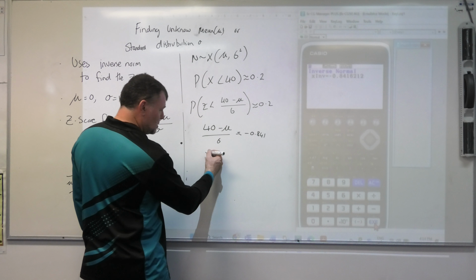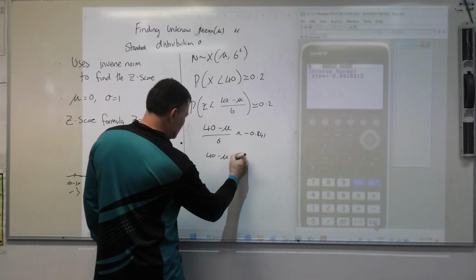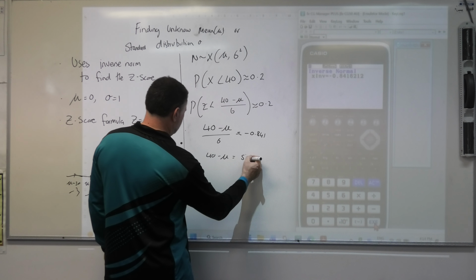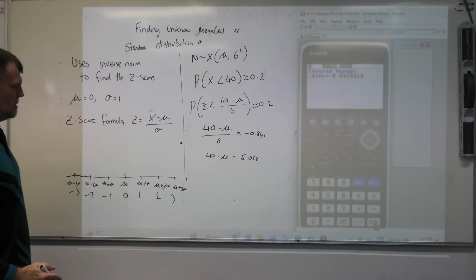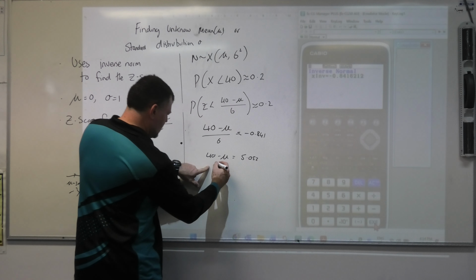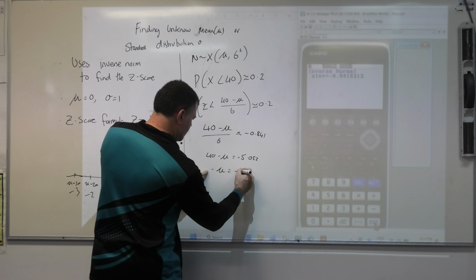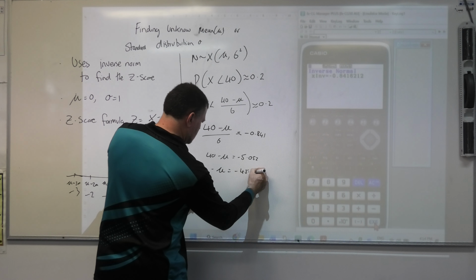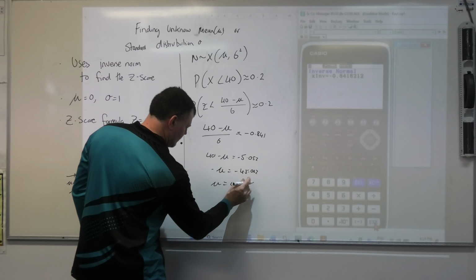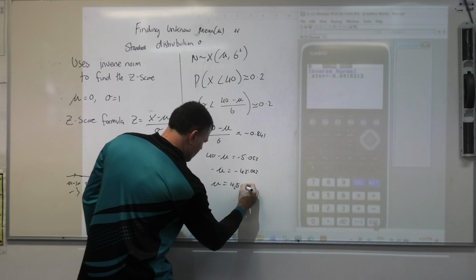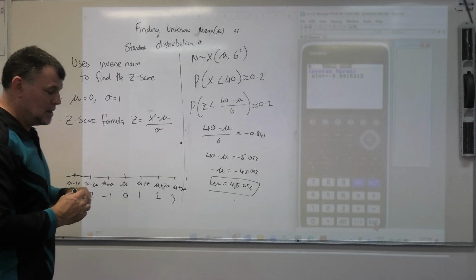If we multiply both sides by 6, we get 40 minus mean is equal to negative 5.052. If we bring our mean across, we get the mean is equal to 45.052. So we found our mean.